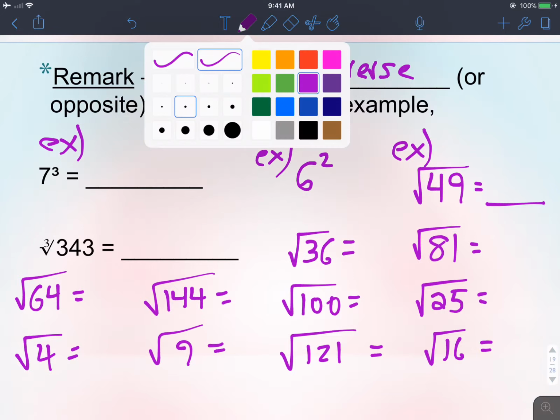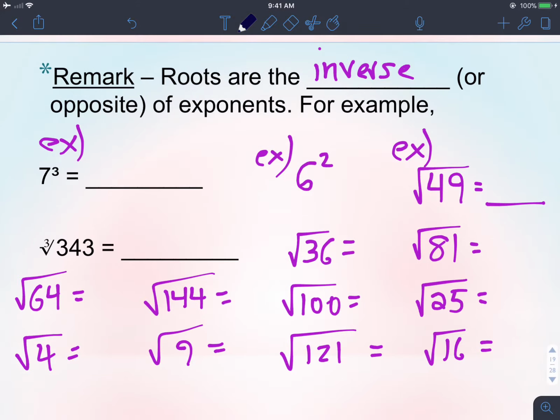Well, let's cover all of what are called the perfect squares. Square root of 49, 7. Square root of 81. Square root of 25, 5. Square root of 16, 4.